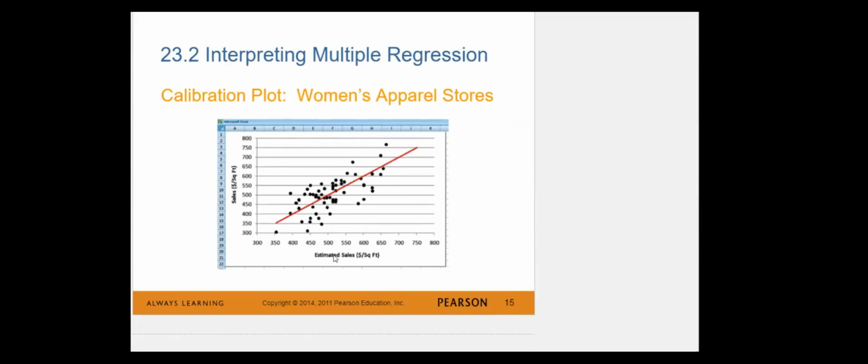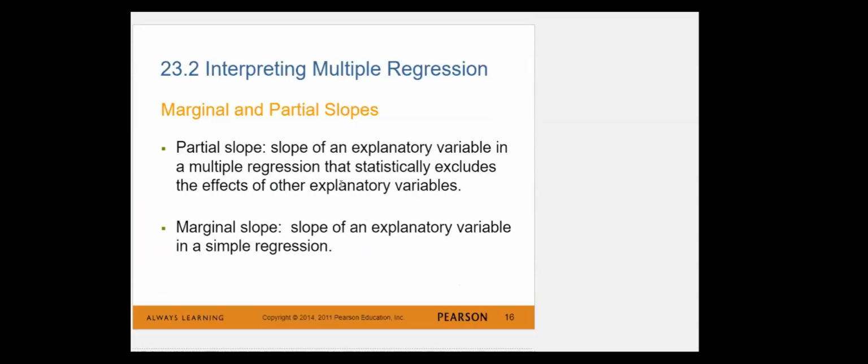Here you have estimated sales, that's using the formula, plugging the numbers into the formula and getting values. And here we have the actual sales that we have in our data. Putting them together on a scatter plot, if they are close to each other, that means this line is pretty much giving us similar numbers, right? Not very far from the actual values. And that's a good sign for our model to be correct.